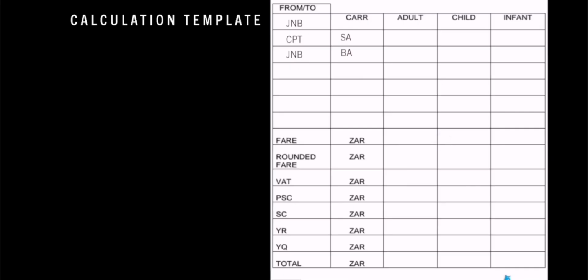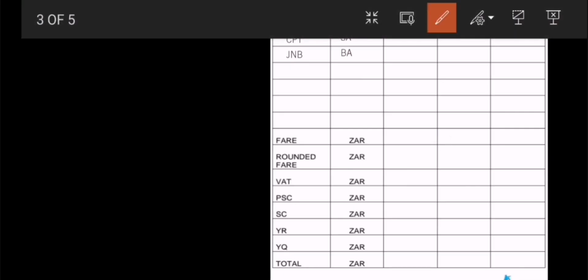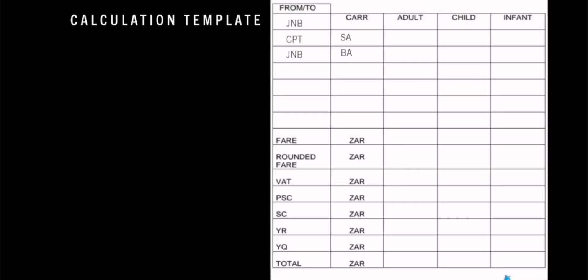If we take a closer look, the first 2 boxes are written Johannesburg, Cape Town, and next to Cape Town, the next box in the carrier is written SA. So this tells us a story of what our client is going to be doing. The only thing that is missing there is the class.